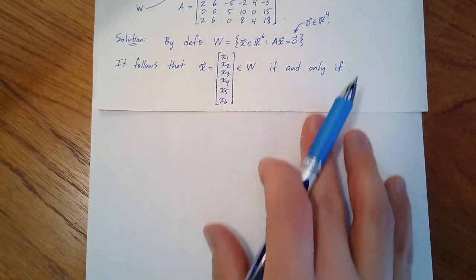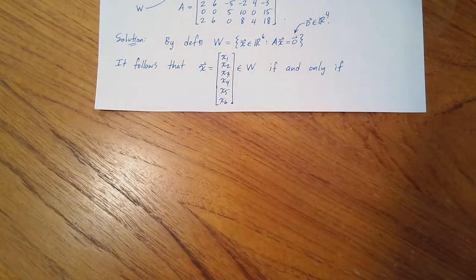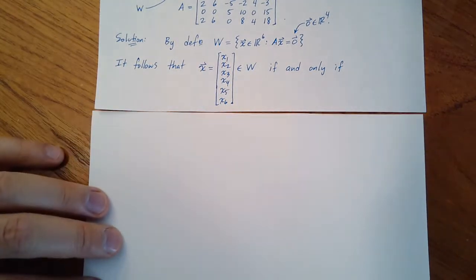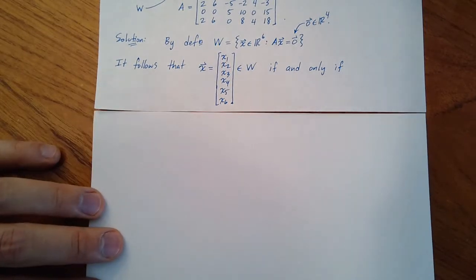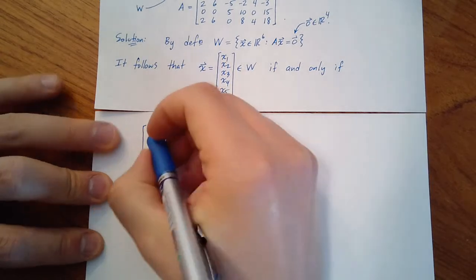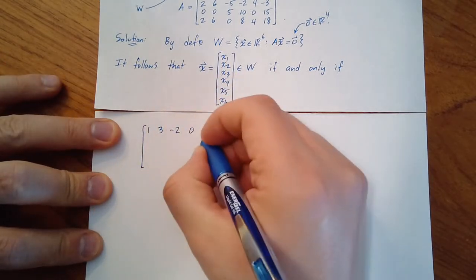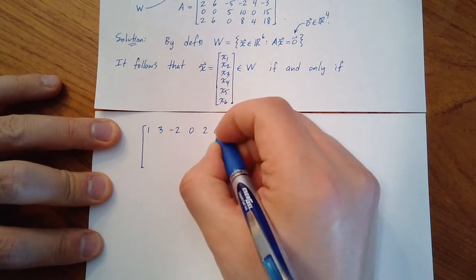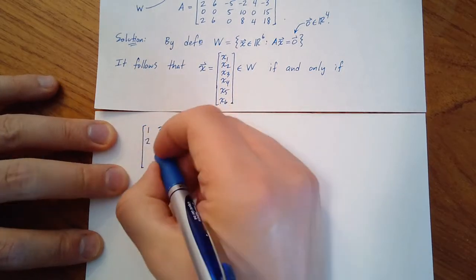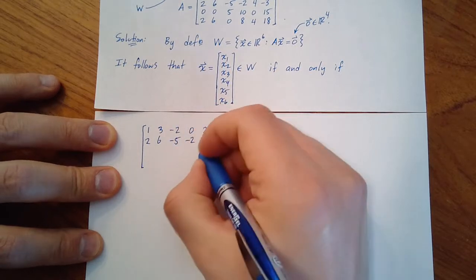So let's spell that out a little bit. I'm going to slide this up so I can continue on. So what that's actually going to look like if you spell it out is if I write a copy of the matrix A, which I'm going to try to do as few times as possible because this is a bit time consuming, but I also don't want to sacrifice clarity between my steps, so I'll write this out as necessary.